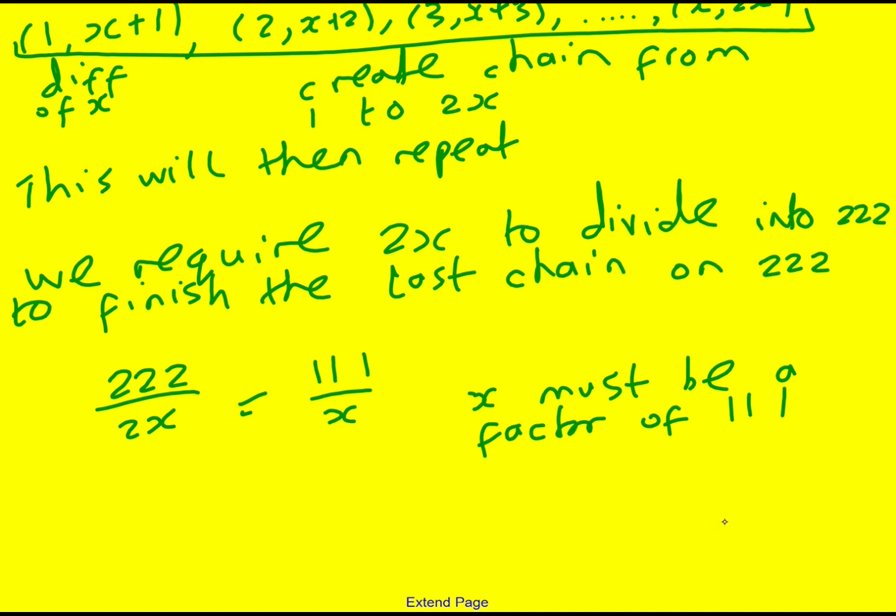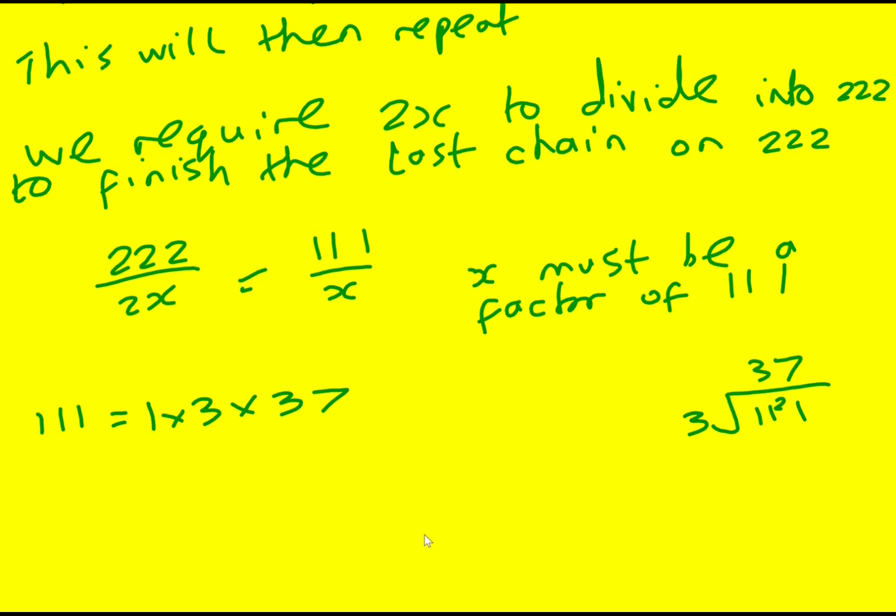Okay, 111, the digit sum is 3, so 3 goes into 111 37 times. So 111 equals 3 times 37, and 37 is a prime number. So actually, 111 is 1 times 3 times 37. x equals 1.